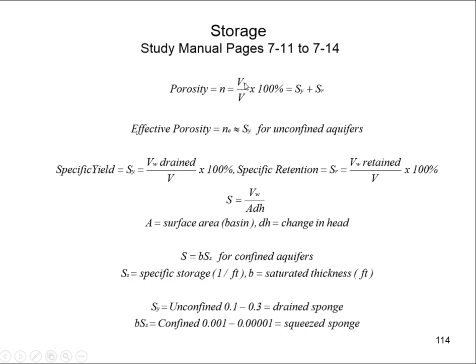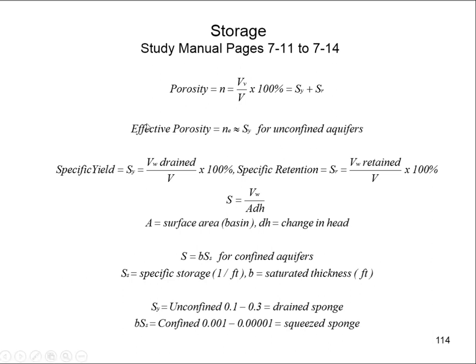And the ability of that water to move is based on the effective porosity, that is, how interconnected those pore spaces are. So if you think of a clay, it is very porous, but it's not permeable. There's not that connection between the pore spaces so that the water can move through it.